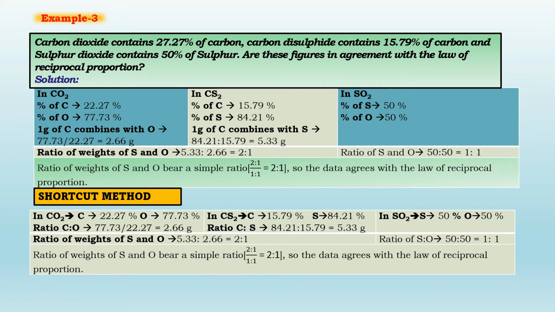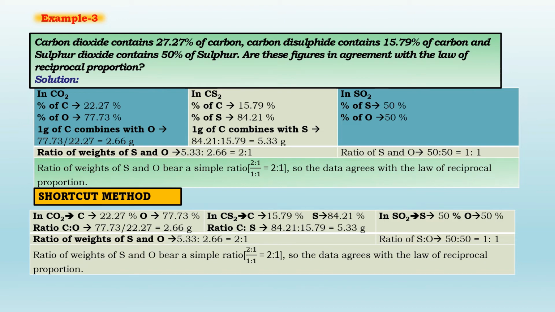So in the first compound, carbon dioxide, the percentage of carbon is equal to 22.27%, the percentage of oxygen is equal to 77.73%. 1 gram of carbon combines with oxygen equal to 77.73 divided by 22.27, that is equal to 2.66 gram.